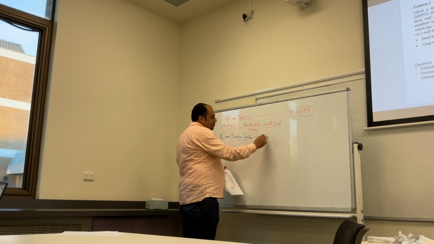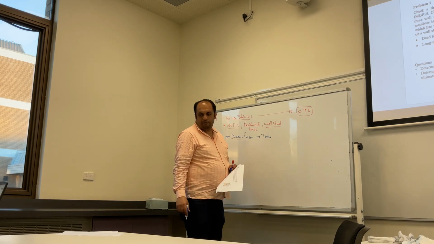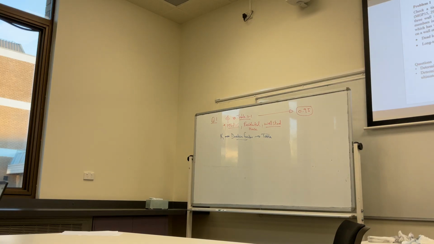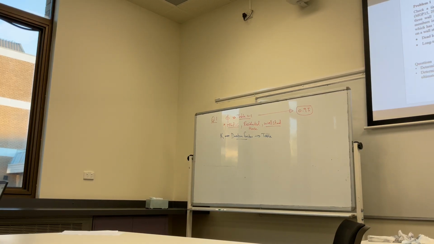Table? Which table? 2 point what? 2.5? 2.3. 2.3. So, if we go to table 2.3, what is the factor?